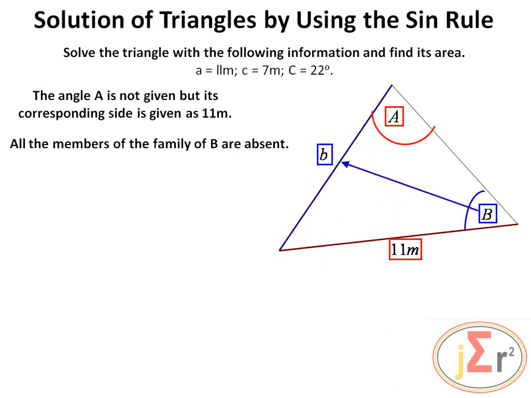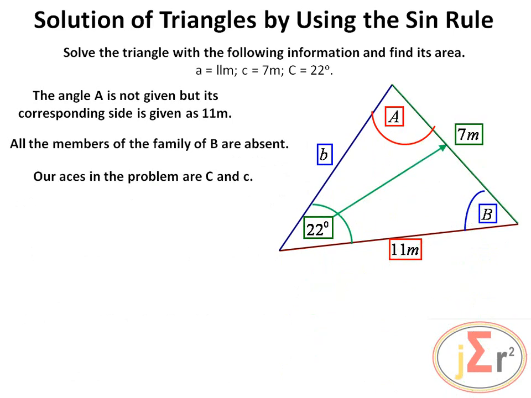B has no member, so there is no single member there for B. What about C? Right. So the family of C have their representatives, and we are going to say our aces in the problem are the uppercase C and the lowercase c. Those are our aces, meaning those are the most important things.